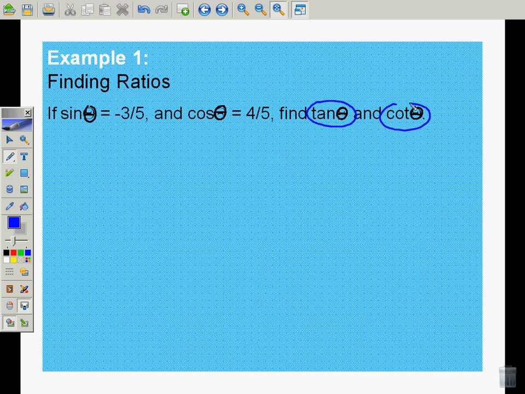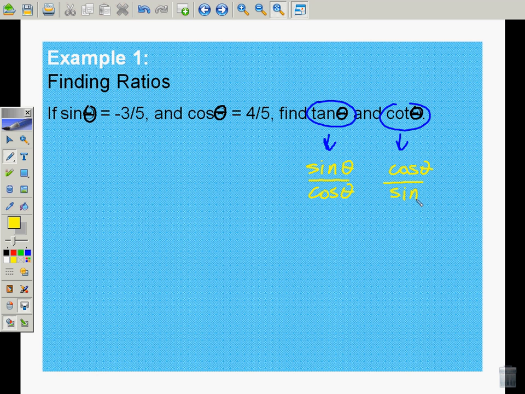We're going to use the definition. You're going to hear me say that a lot. Let's use the definition. Let's use the essence of what we're talking about here to find what we want. Because tangent of theta, we recall, is sine theta over cosine theta. Okay? And cotangent of theta is cosine theta over sine theta.